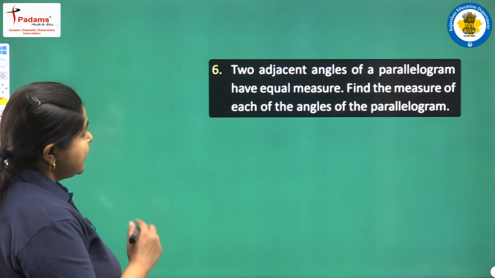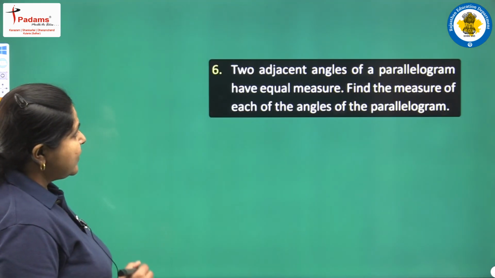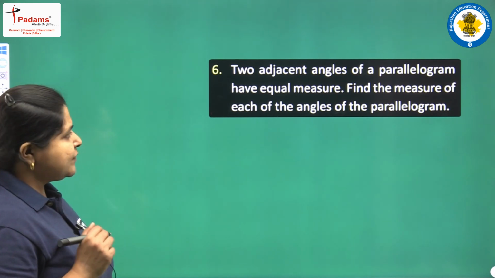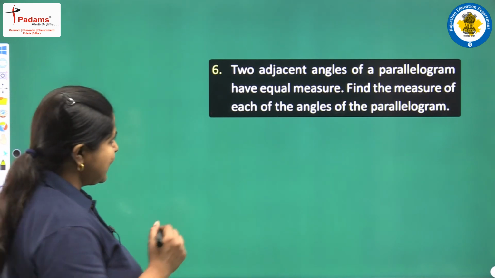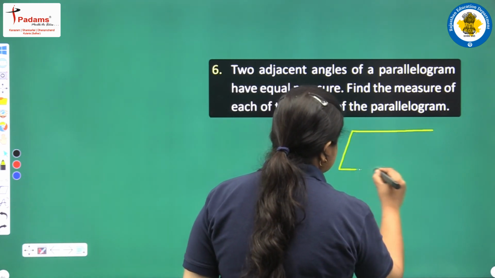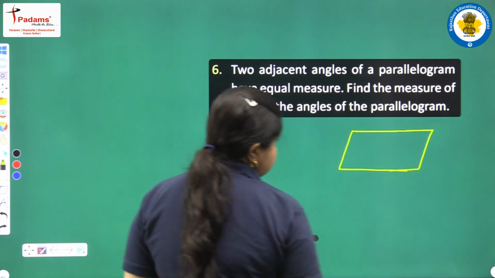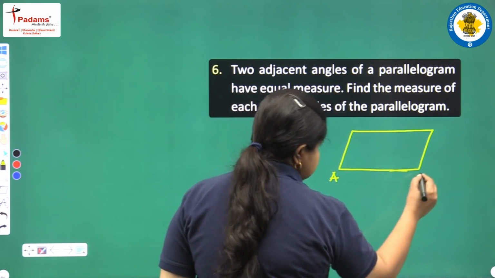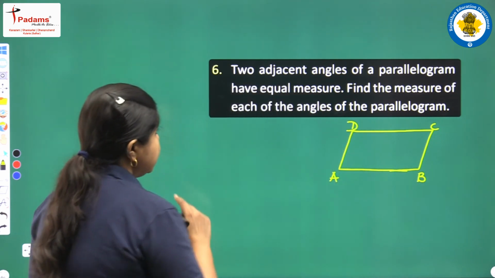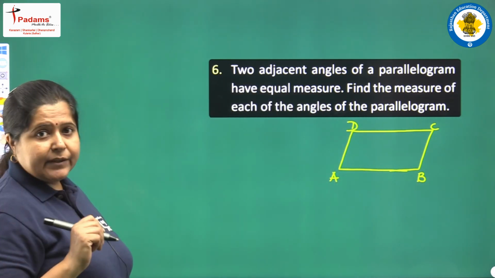Next we have two adjacent angles of a parallelogram have equal measure. Find the measure of each of the angles of the parallelogram. Again we are having two adjacent angles. Let us draw the figure. Then it becomes easy to visualize. A, B, C, D. Here the adjacent angles are given equal.